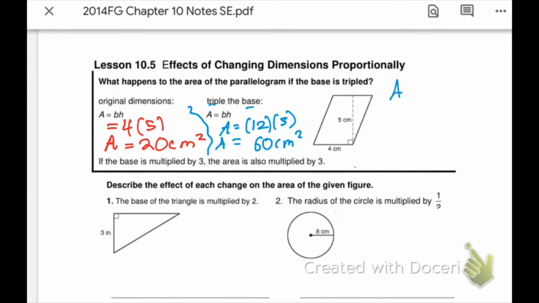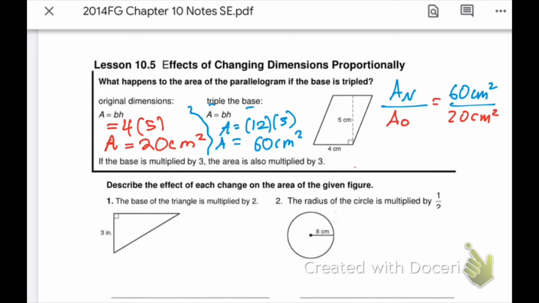So if I compare the area of my new shape over the area of the original, well, that is going to give me 60 centimeters squared over 20 centimeters squared.